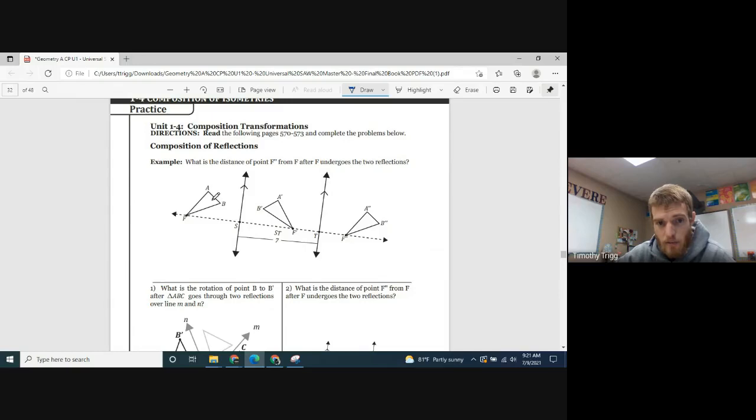So instead of a reflection across two parallel lines, that actually creates a translation of a certain distance. The distance is double whatever the distance between these two parallel lines is. Since these two parallel lines are 7 apart, there's a translation to take triangle ABF to triangle A prime prime B prime prime F prime prime, and that translation would be a distance of 14. It's double whatever the distance between those parallel lines is.